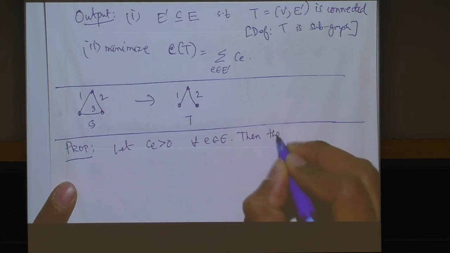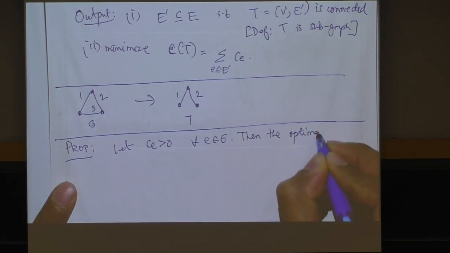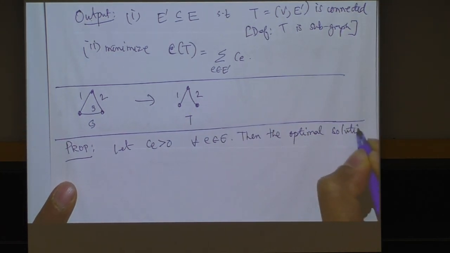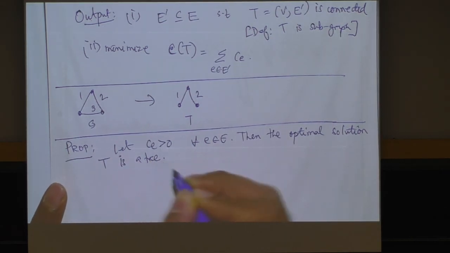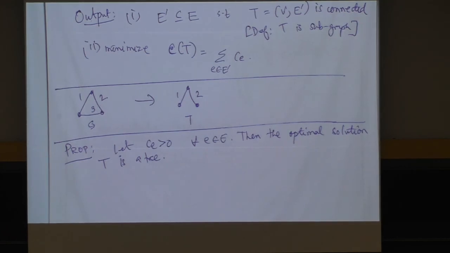Then the optimal solution T is a tree. The reason this is called minimum spanning tree is because if you assume all the edge costs are strictly positive, then the optimal solution is a tree. It's spanning because you're connecting all the vertices, the original set of vertices in your graph, and it's minimum because you're trying to minimize the total cost.